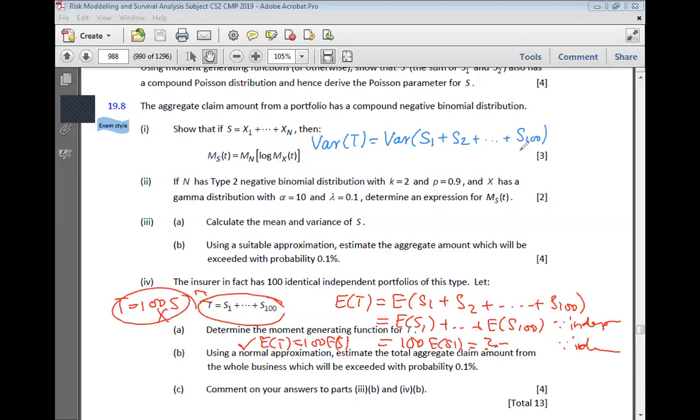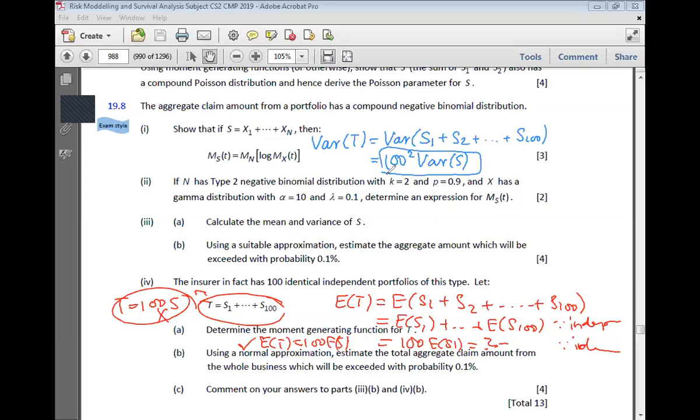This is important. Anvaya said that this should be 100 squared times the variance of S. For those of you who have already solved this sum, I want you to refute Anvaya and say why you cannot write it as such.